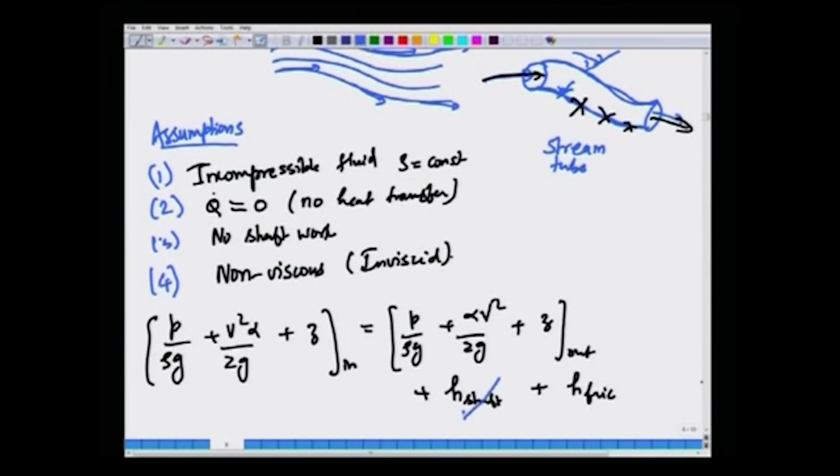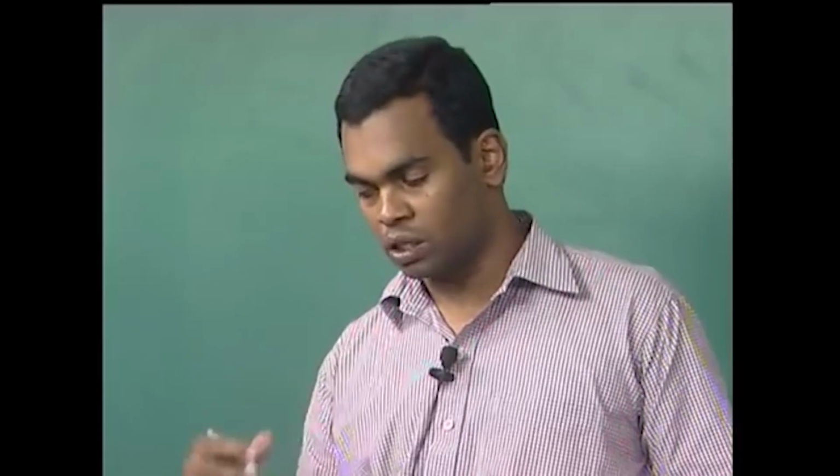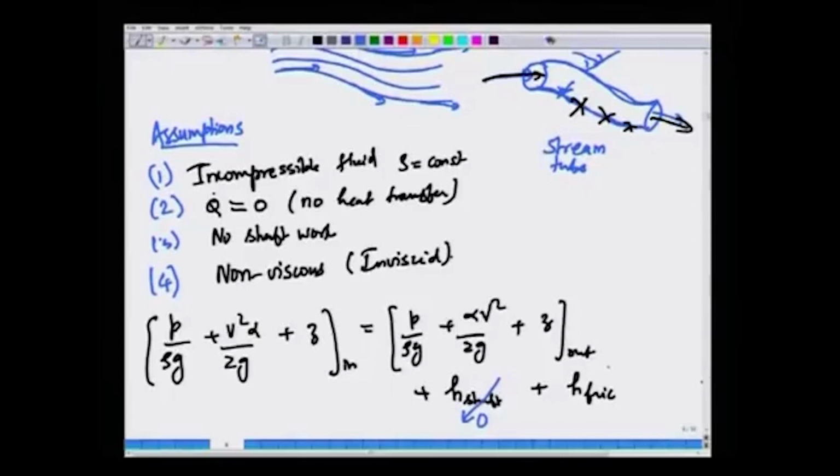We are saying that there is no shaft work, so that is 0, and there are no viscous shear stresses at the sides, because we are assuming the fluid to be inviscid or non-viscous. So, there are no viscous stresses, the work done by viscous stresses on the control surfaces of the CV is 0. There is no viscous loss because the fluid is inviscid. This is a very critical assumption, and we will assume uniform flow, so alpha is set to 1, that is a further assumption.